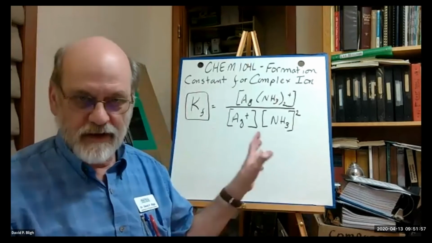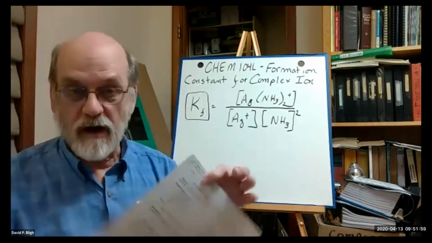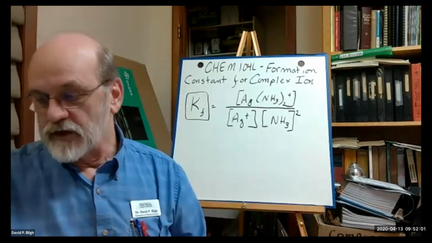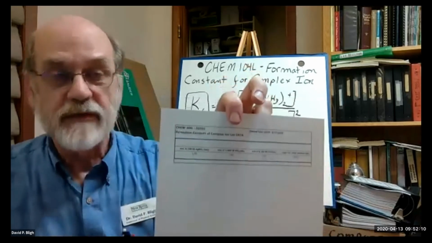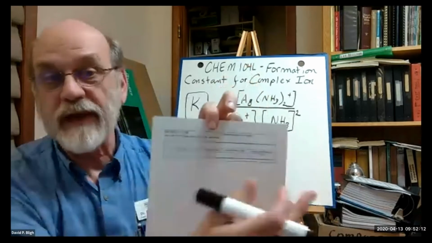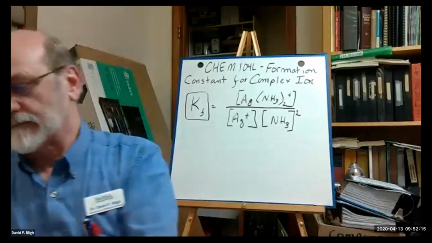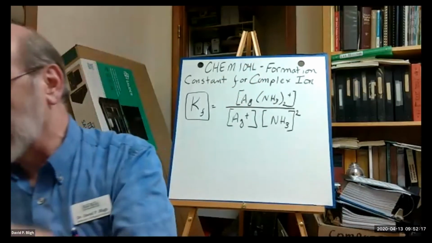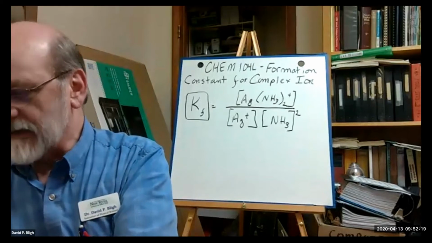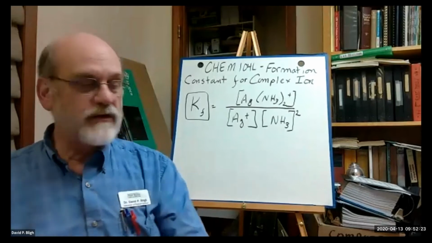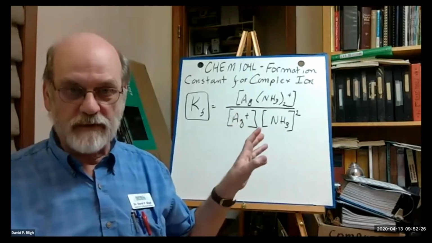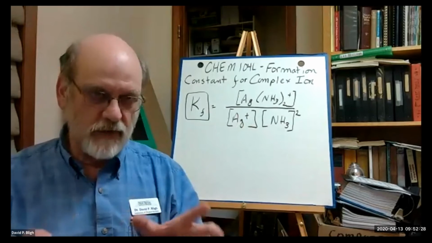So you're going to see it here on the video, and you're going to have a hard copy to deal with. You'll also be given a data set, a very simple data set, just 4 numbers, actually 3 numbers that you determined from the experiment, and then the 4th number I went ahead and gave to you. So you have the data, you'll have the hard copy that you need to print off, and you'll have the video in Blackboard. And as soon as I finish it, I will notify you.